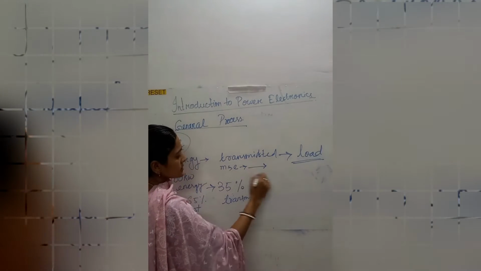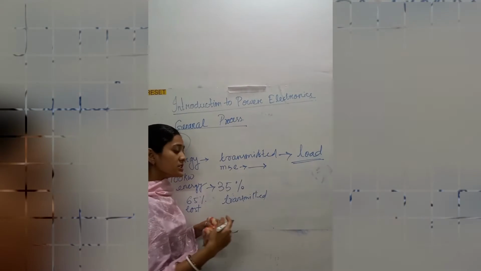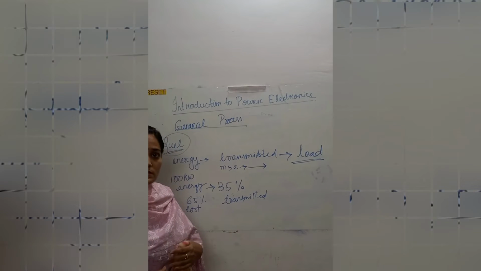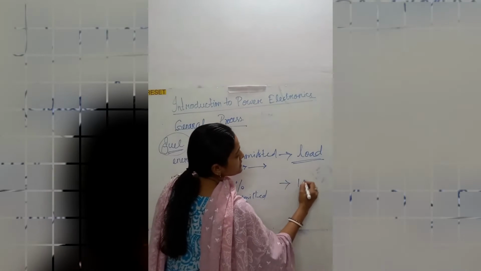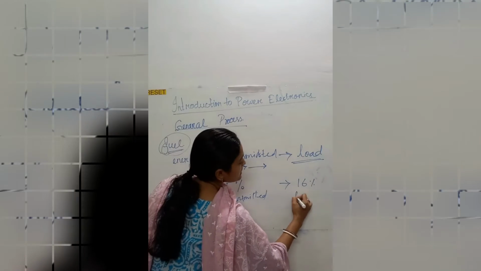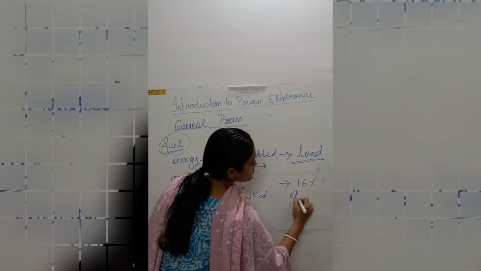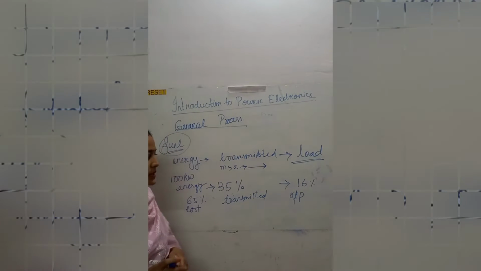So these are the processes. This 35%, when it is transmitted, we also bear some losses here, and only, for example, 16% we get as our output or load. Only 16% we are getting.